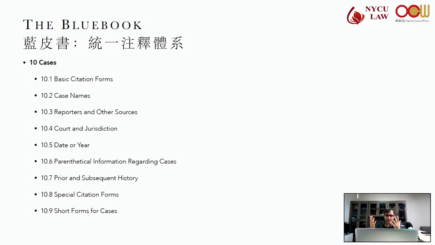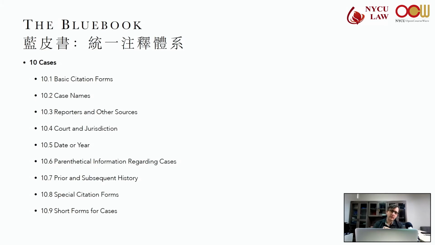So in this case, we have 435 U.S. 850, 1978. This is a U.S. Supreme Court case, so the court is implied by the reporter, so we don't have to put anything about the Supreme Court.